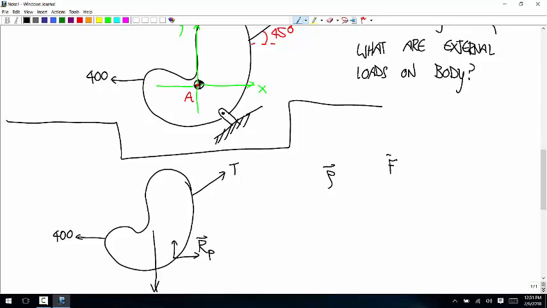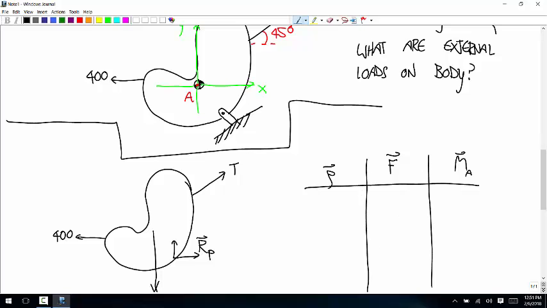So row, force, MA. The row vector where the 400 Newton force is applied is negative 0.5, positive 0.02. Force vector is negative 400, 0.